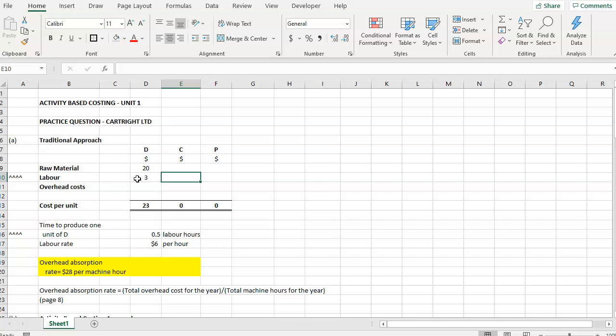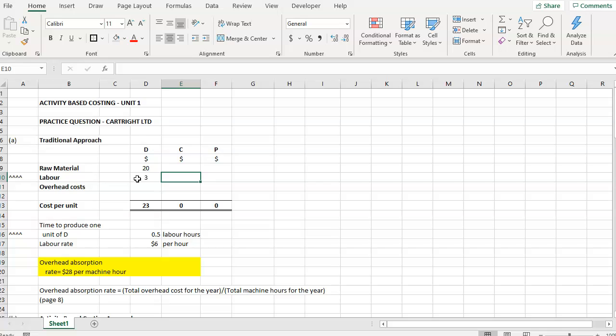Now the last input that we need is the overhead cost. And you were told that the overhead cost will be captured on the basis of machine hours, meaning if the overhead rate is $28 per machine hour, it means that if 1 unit of product sits on the machine for an hour, it will be given or assigned $28.